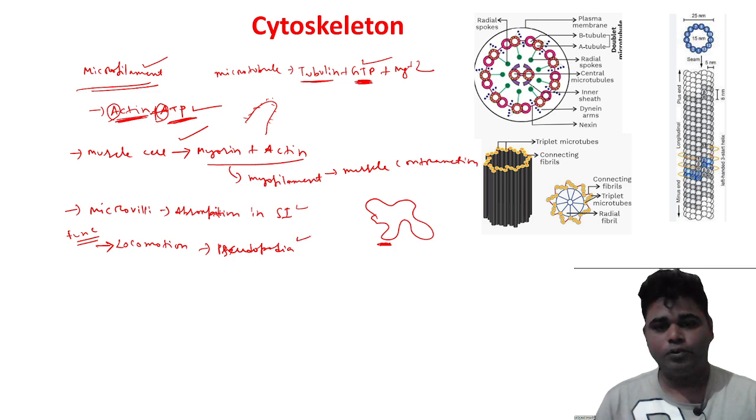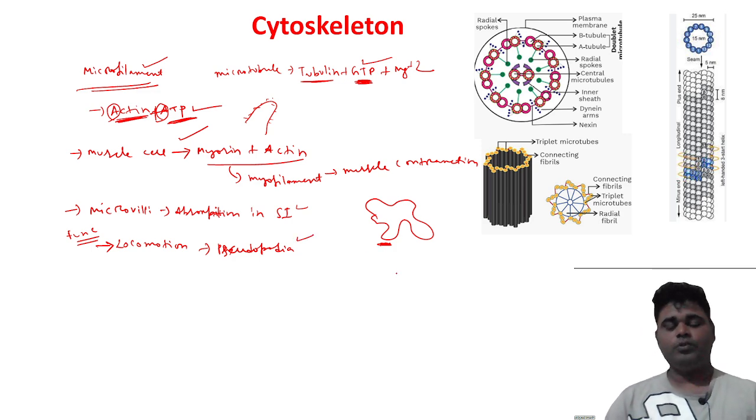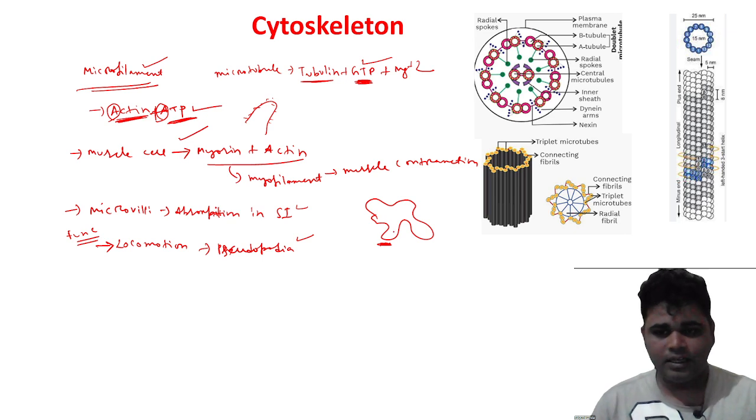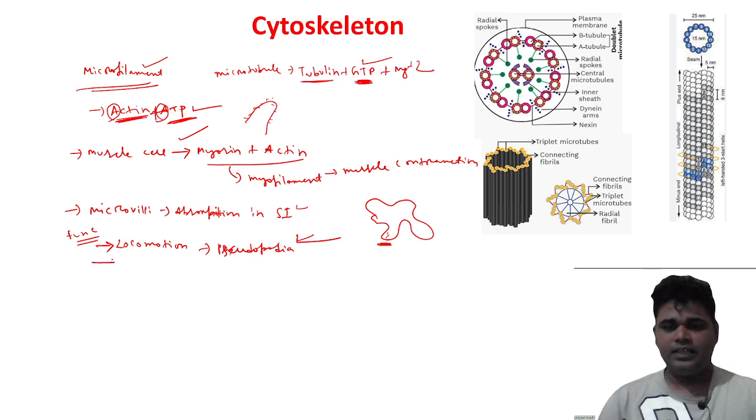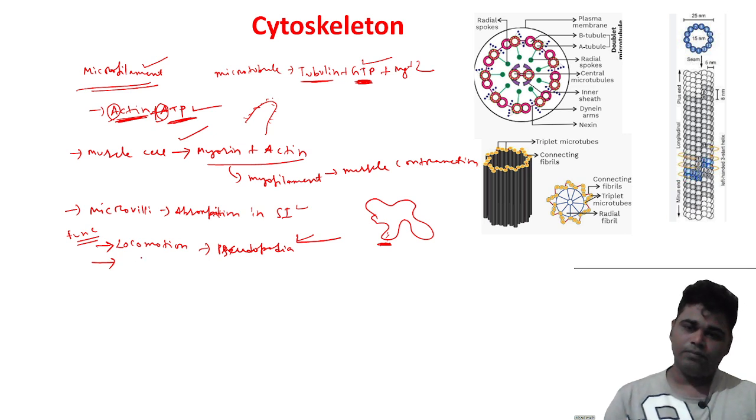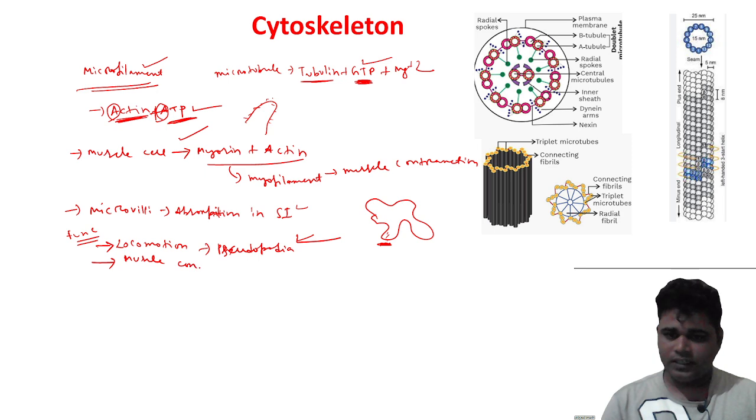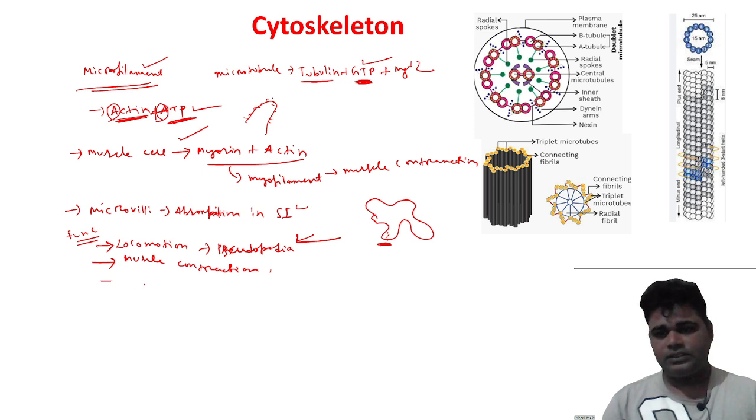Pseudopodia is the plural, the singular is pseudopodium. So here in the pseudopodia the microfilament is present and it helps in the locomotion. Secondly, it also helps in the muscle contraction.